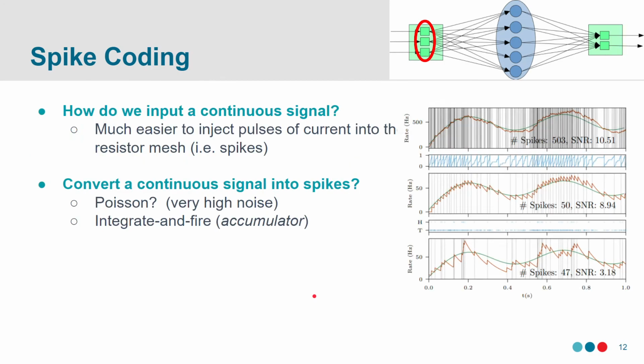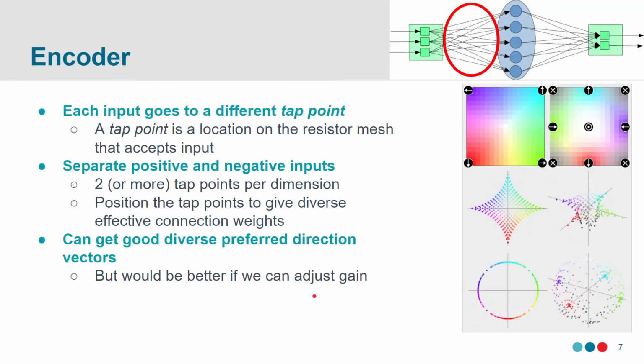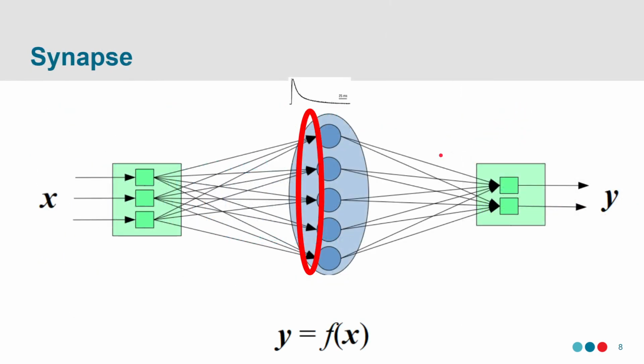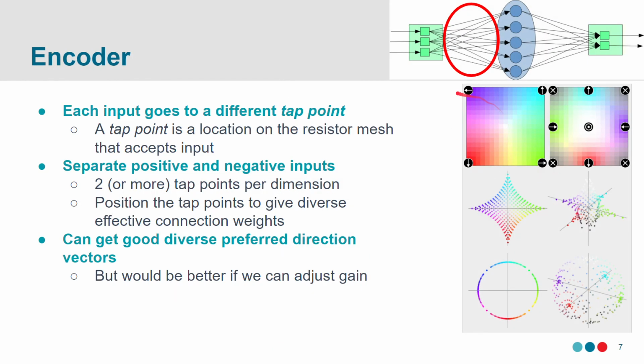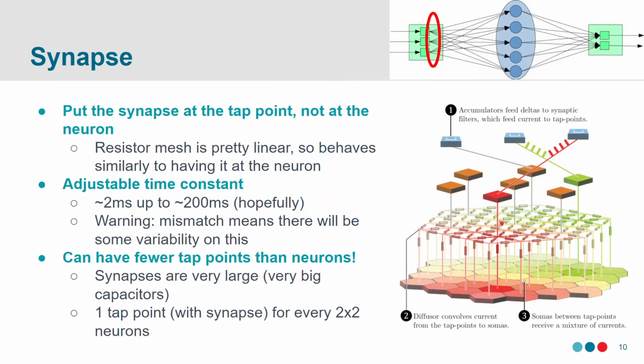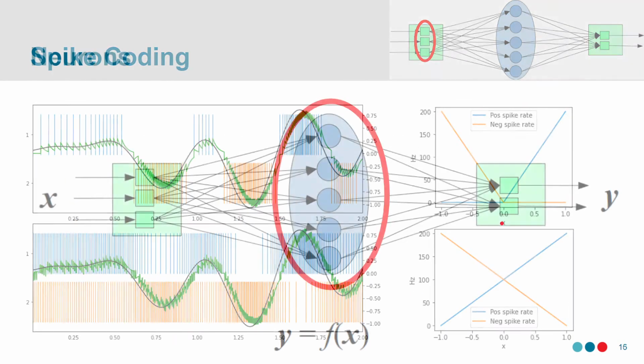We are going to pass those inputs through a resistor mesh by targeting points on the resistor mesh. All the plots I'm going to show so far are sort of the one-dimensional version of this, but similar things are going to happen in higher dimensions.